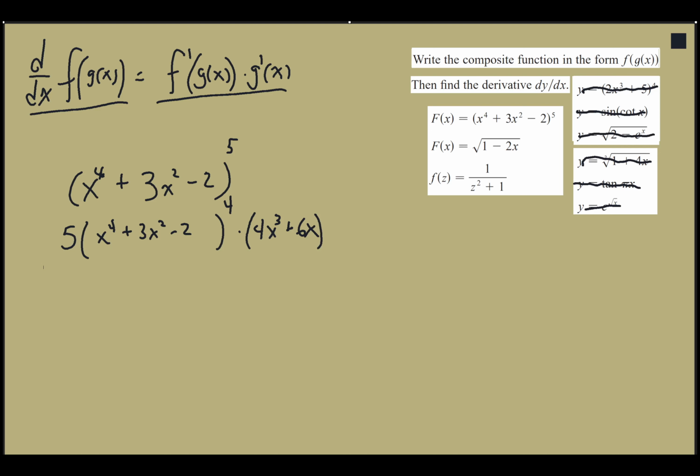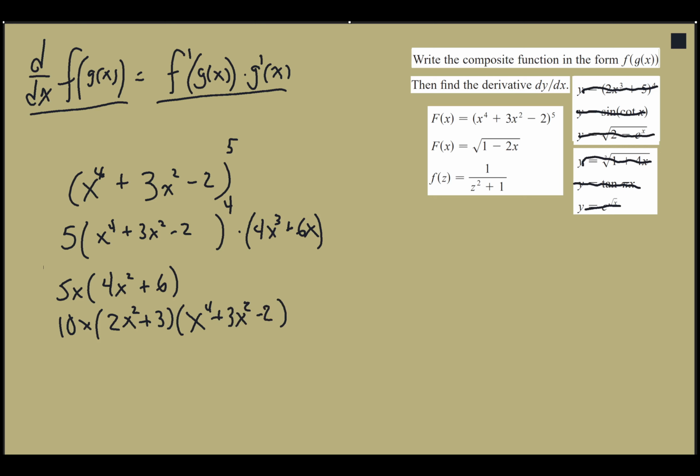All right, we could distribute that 5 in if you want. We could take an x out if you want. How about we write it like this? 5x times 4x squared plus 6. You want to take a 2 out of it before I finish this whole thing up? Let's do it. Let's make it 10x times 2x squared plus 3 times x to the 4th plus 3x squared minus 2.